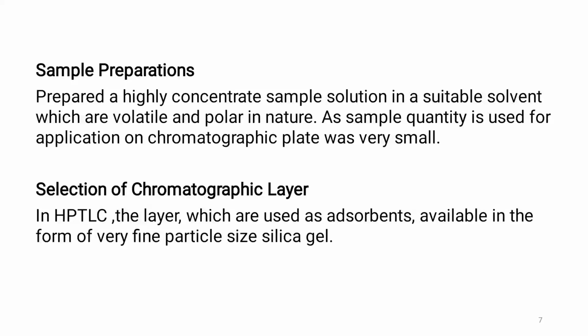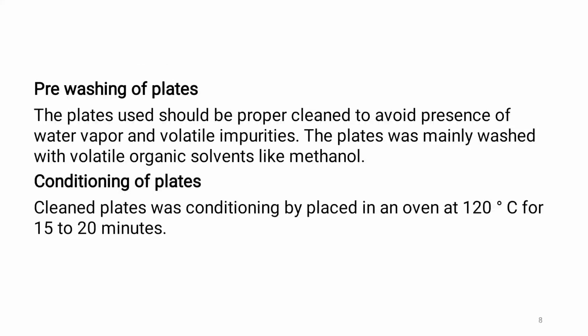Silica gel is typically 200 micron of porous particles, that is 2 to 10 micrometer, with an average particle size of 5 micrometer. After preparation of plates with stationary phase, they should be pre-washed to avoid any disturbance in formation of separated spots.